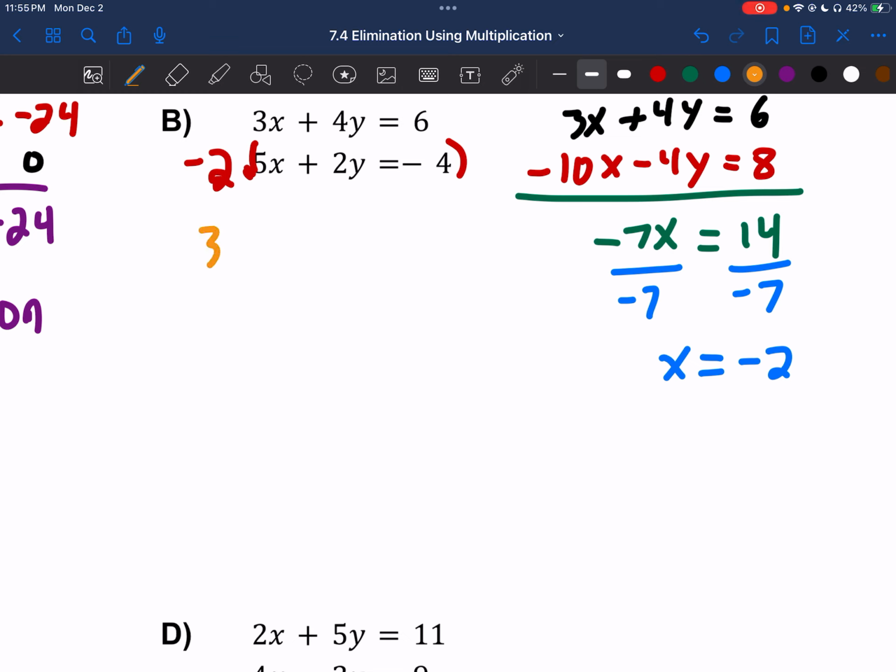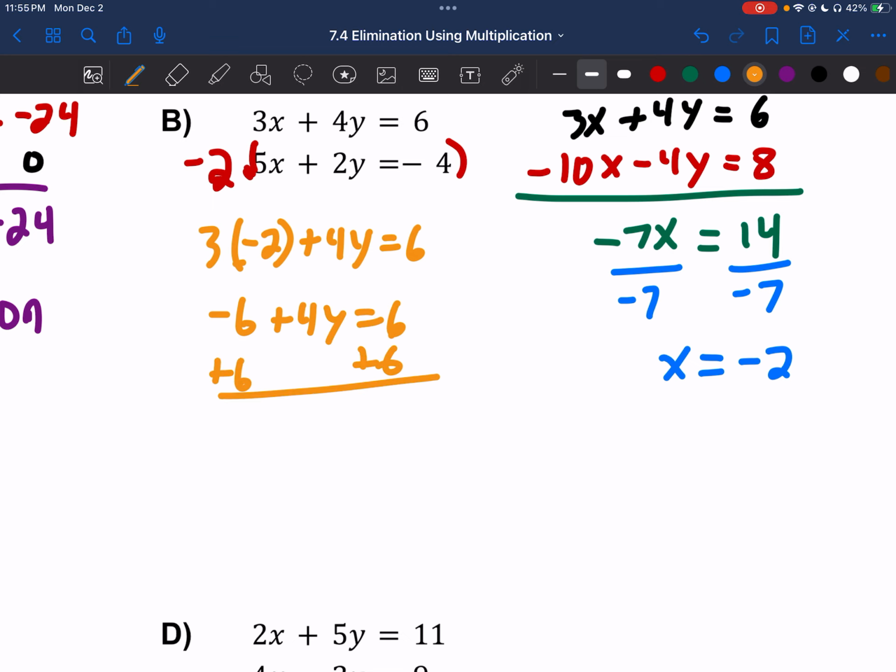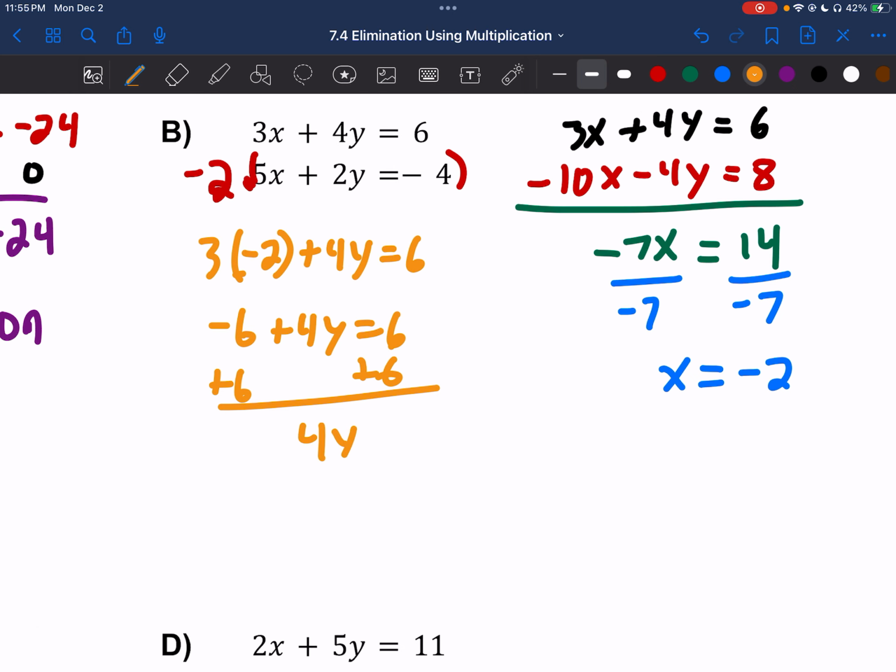So we have 3 times negative 2 plus 4y equals 6. So that's negative 6 plus 4y equals 6. Add 6 to both sides. 4y equals 12. Divide by 4. y is equal to 3. So my ordered pair here is negative 2, 3.